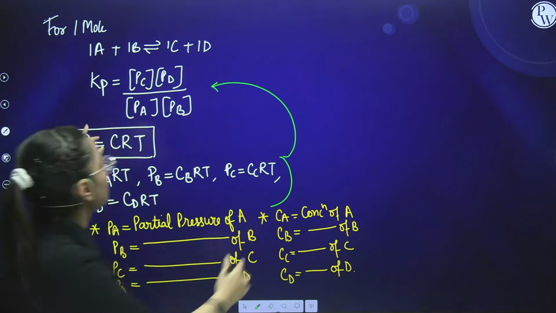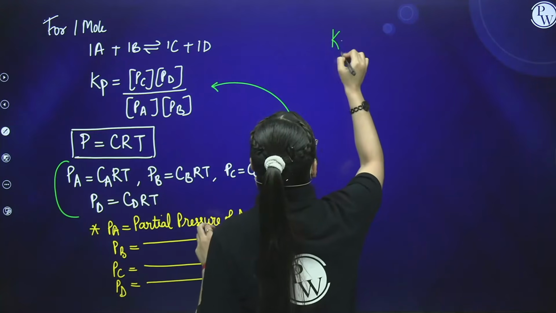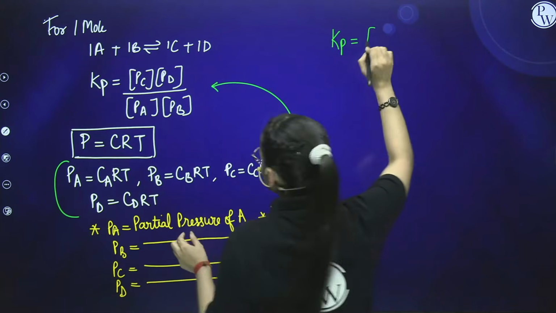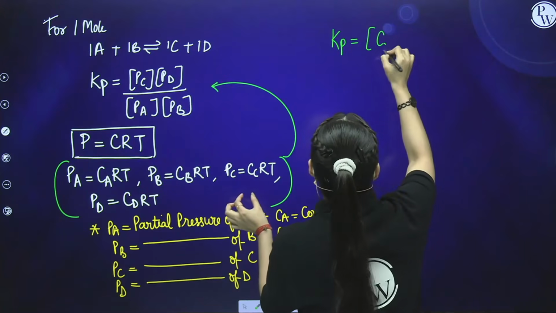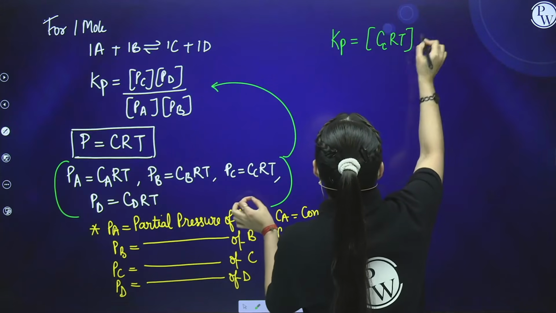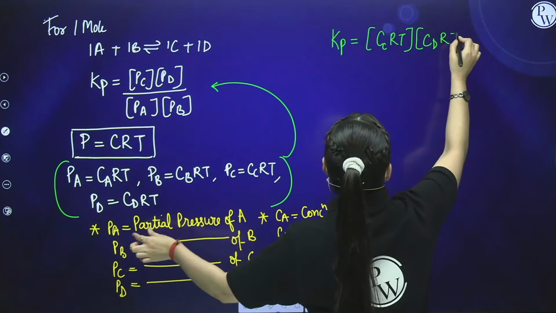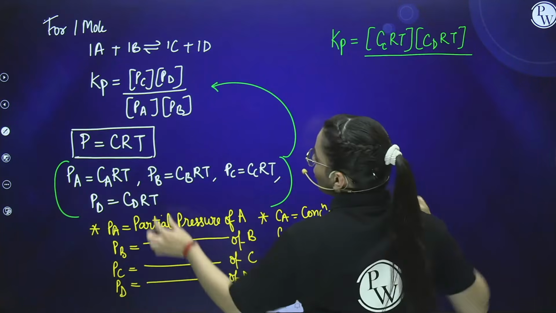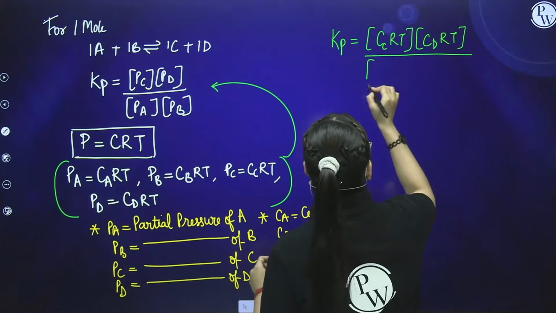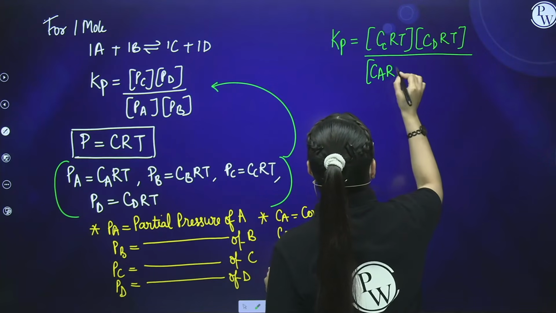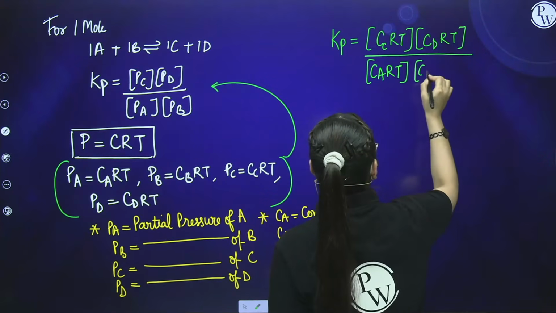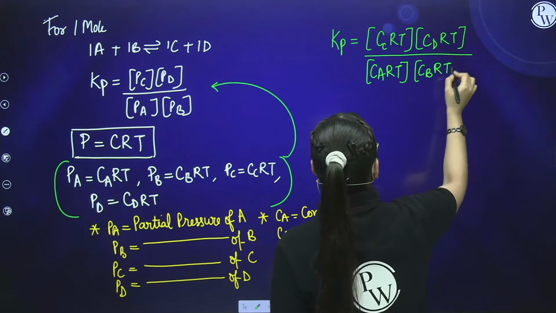When I'm going to replace, what am I going to get? Kp is equal to, now what is PC? PC is CCRT into what is PD over here? It is CDRT. Below, what is PA? It is CART. What is PB? It is CBRT.